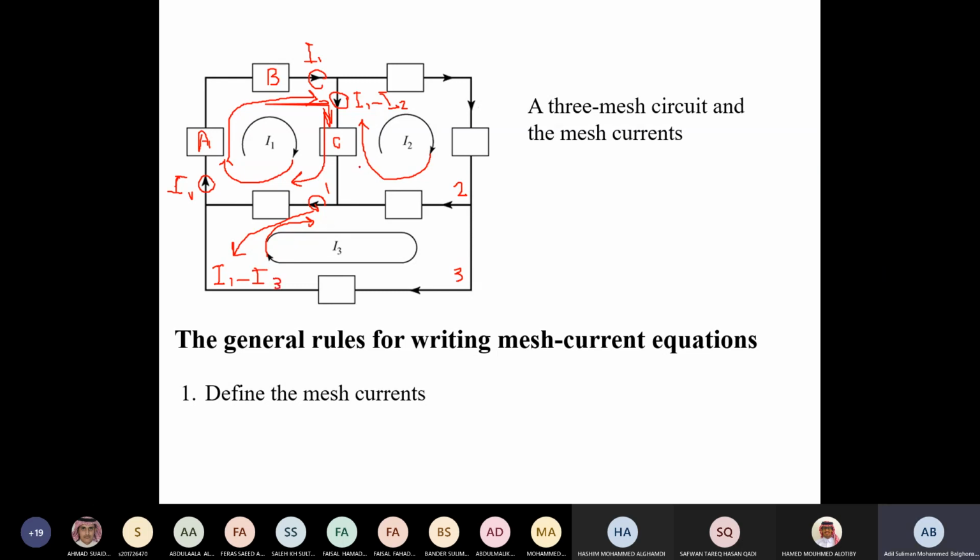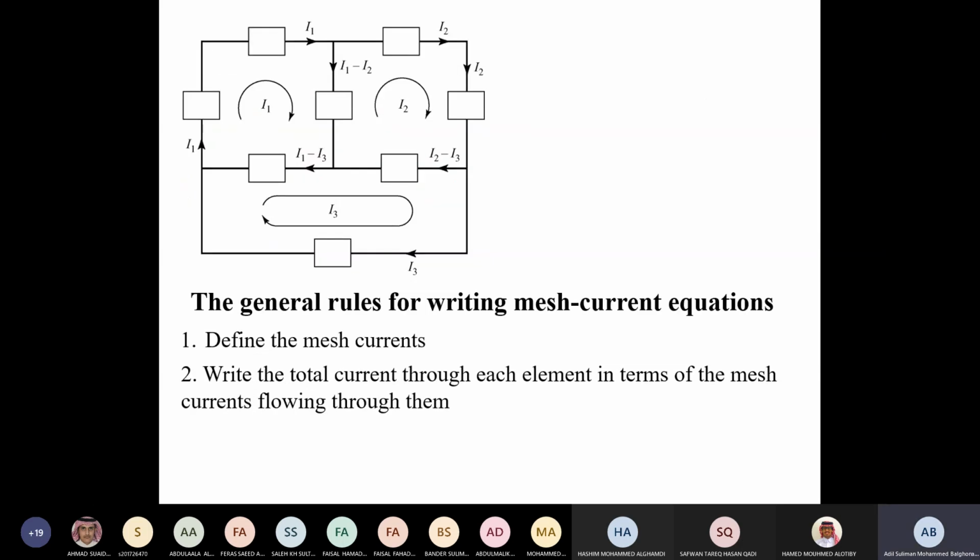And so on. For I2, the same thing. We just wanted to see this direction, okay? Here are the directions of the current, the mesh current and the current through the element, okay?